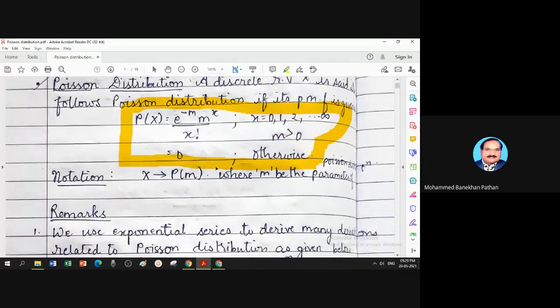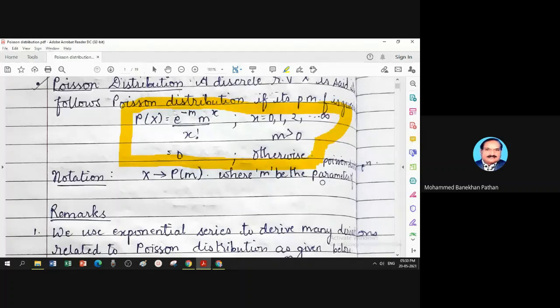How to denote this function by notation? X capital follows. This P is not probability. Now it is initial of Poisson. X follows Poisson with constant known as a parameter m, where m be the parameter of Poisson distribution.